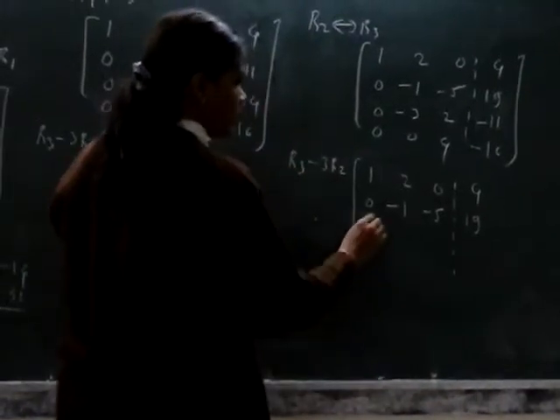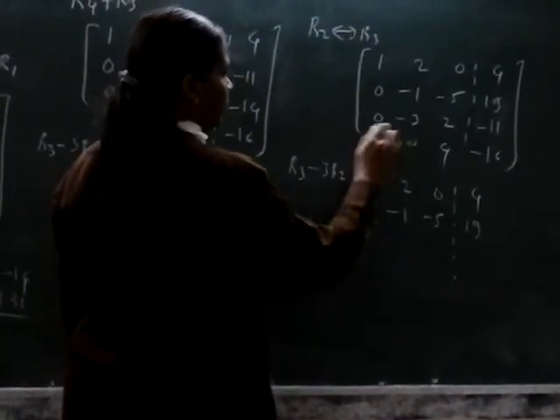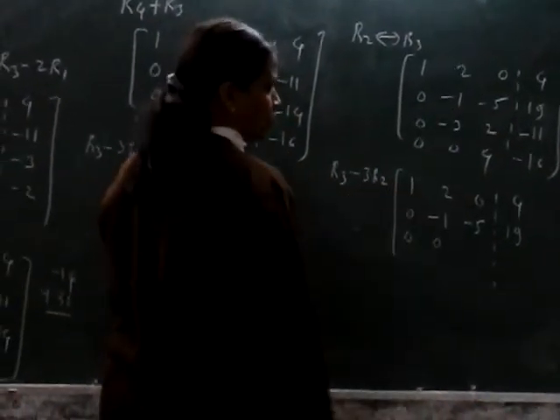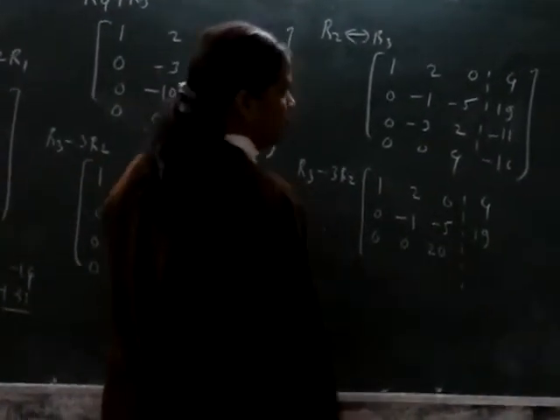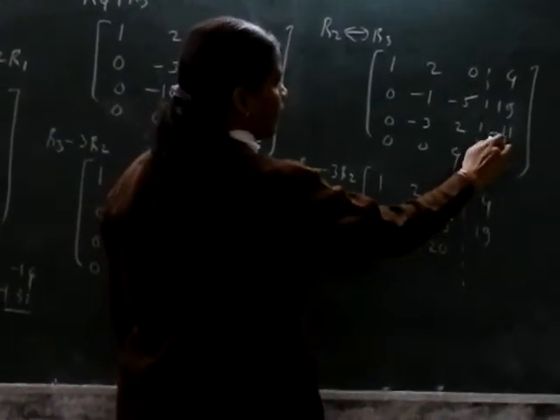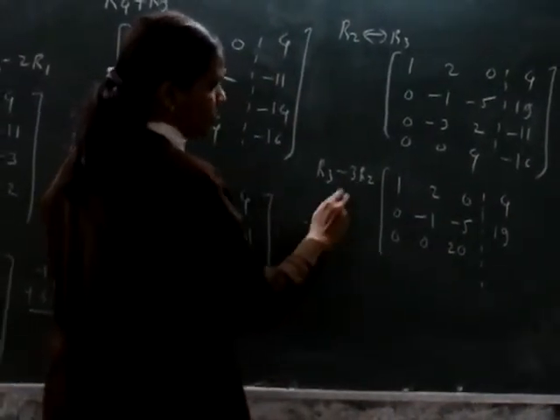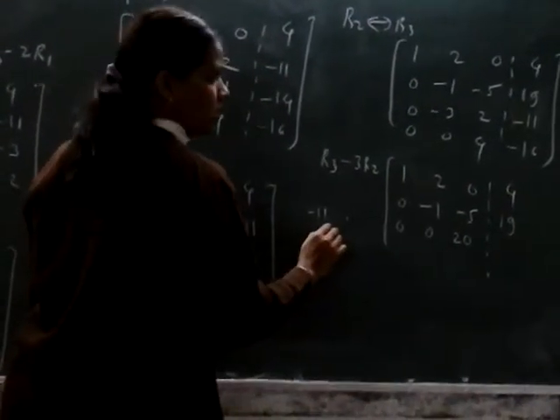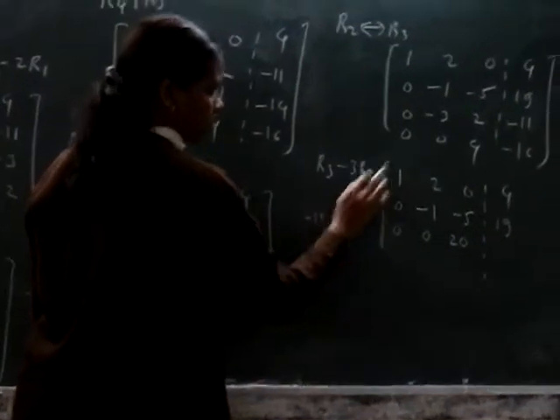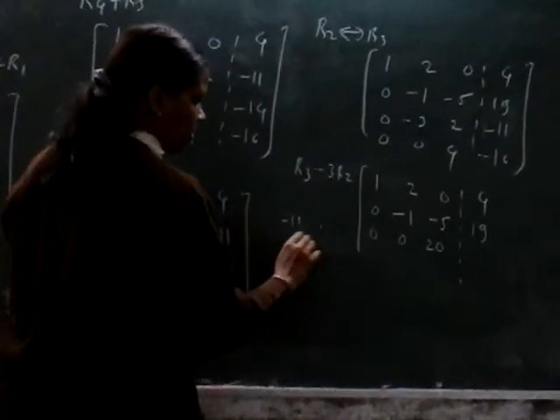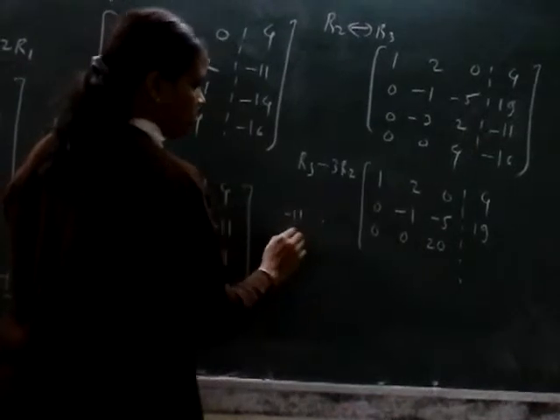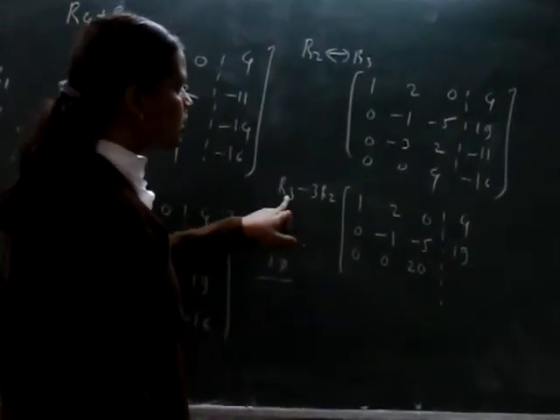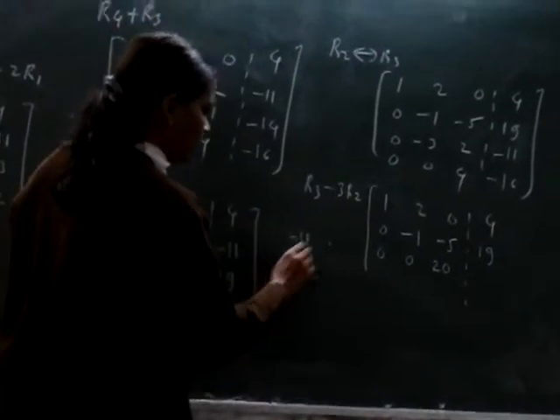Then 19, 0, that element it is 0, 2 and minus 3 minus 5, that is 20 here and that element is minus 11, and here 19 into 3, that is 57 and 3 into 6, that is 87.